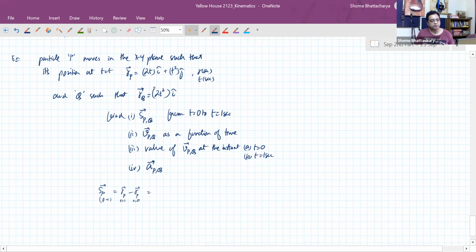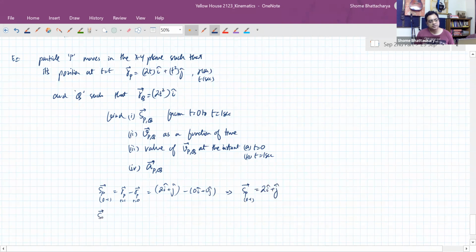The position of P at 1 second is 2 i cap plus j cap, and the initial position was 0 i cap plus 0 j cap. So the displacement of P from 0 to 1 second is 2 i cap plus j cap.